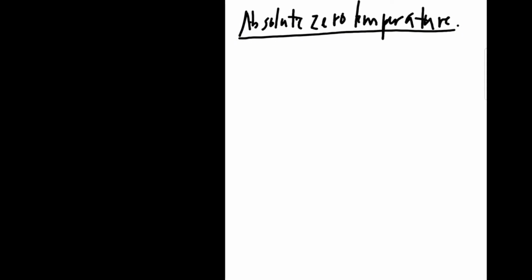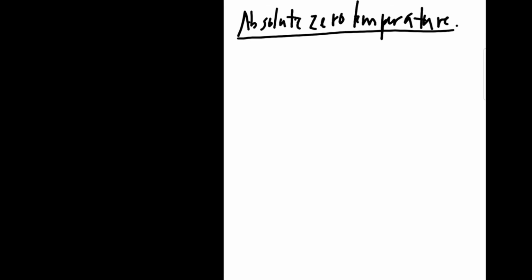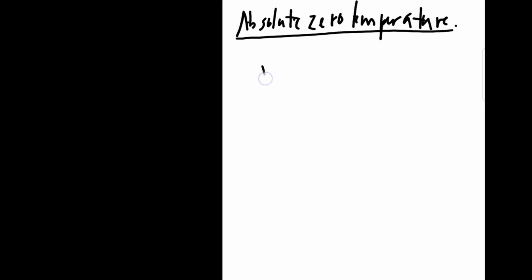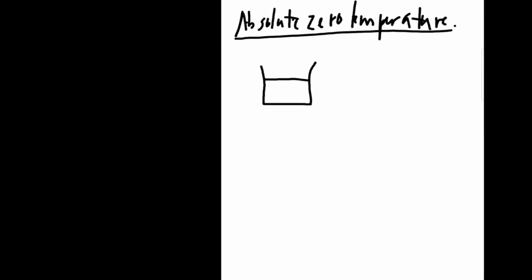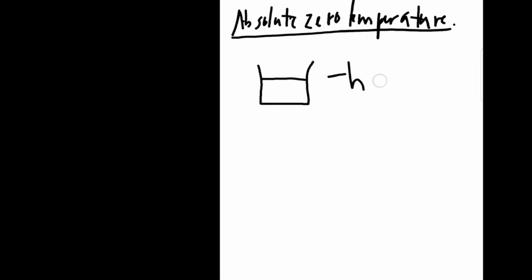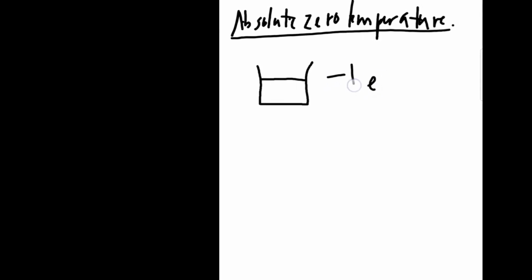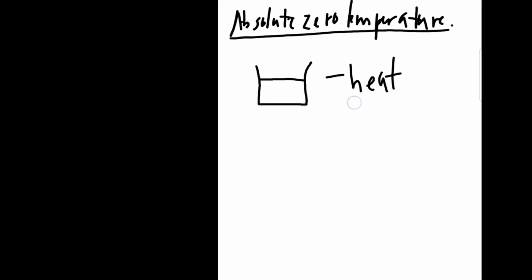Then let's move on to absolute zero temperature. If you remove heat from a substance, its temperature drops. For example, if we have a substance here and we remove heat, the temperature will decrease.